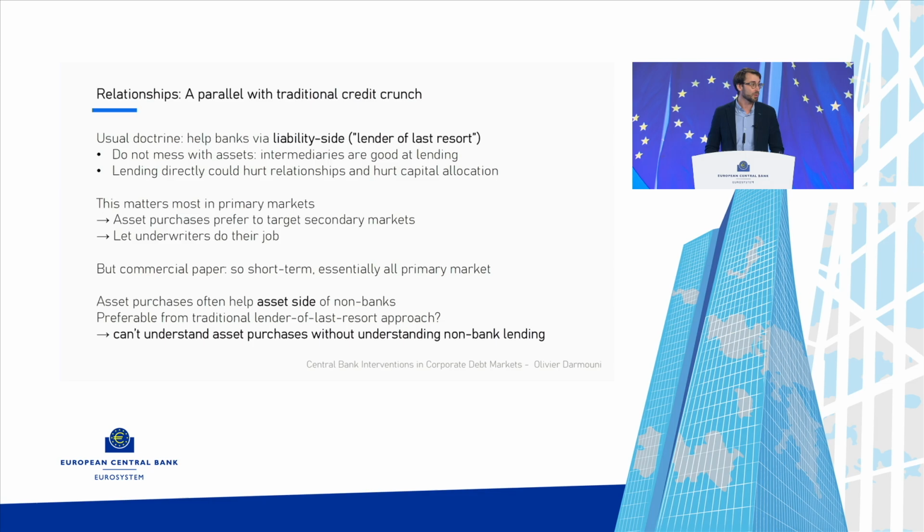I think that was a point that wasn't clear a decade ago when these programs were being developed and used. I firmly believe that asset purchases often help the asset side of non-banks, and there's still a conceptual question about whether they're preferable to more traditional lender of last resort, liability-targeted policies, and we should at least think about them as a joint problem.